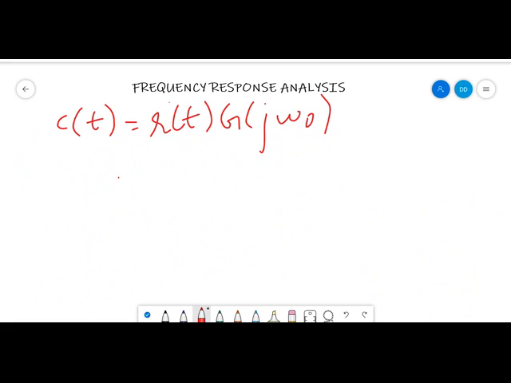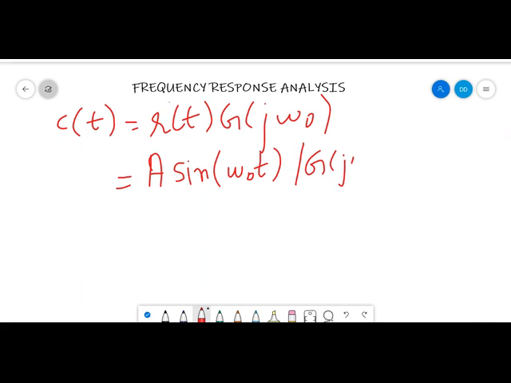So we can substitute R of t is A into sine omega naught t, where A is the amplitude, into magnitude of G of j omega naught into its phase angle.